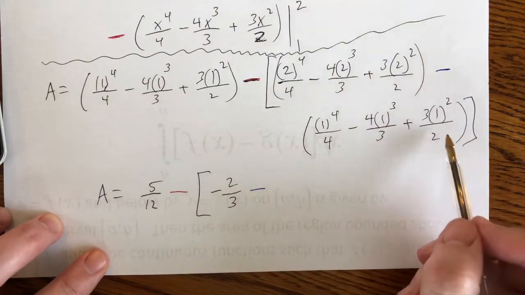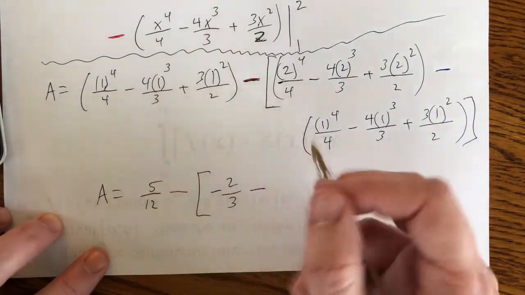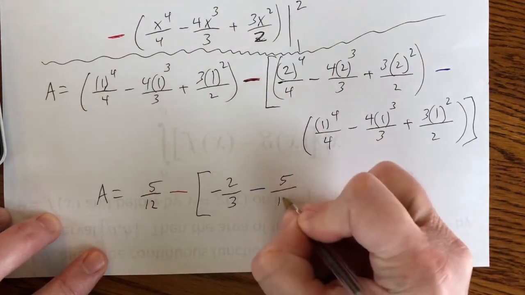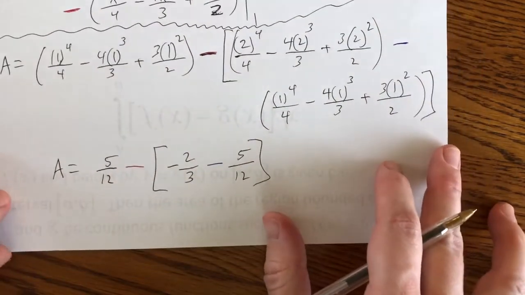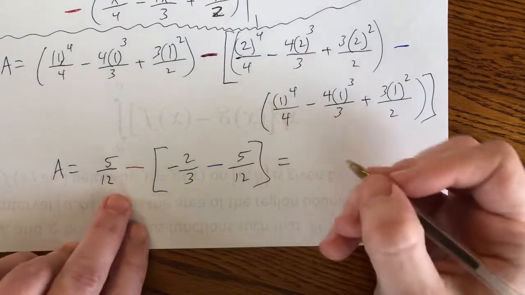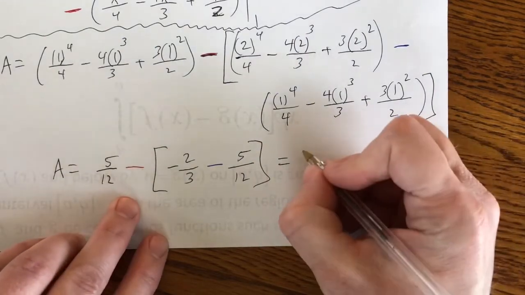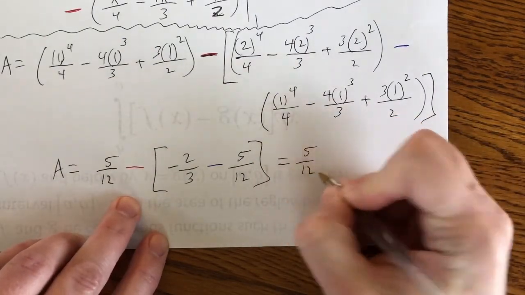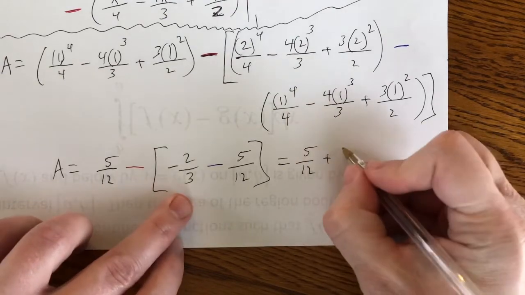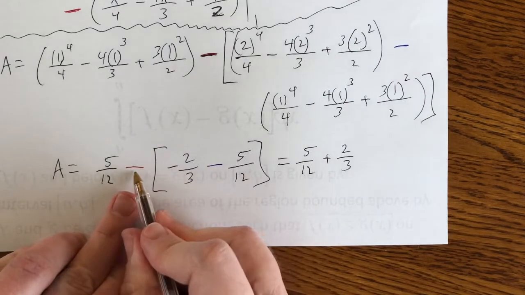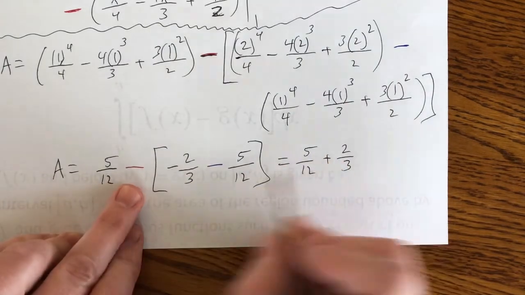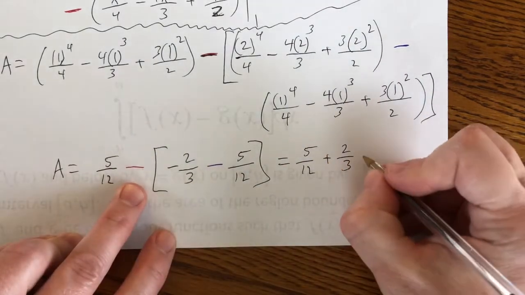And this expression, we already know what this is, same as what we got here. That's 5/12. All right, so let's finish this thing. We end up getting 5/12 plus 2/3. The negative is being distributed through here. So a negative is a negative, plus 2/3, and then also plus 5/12.